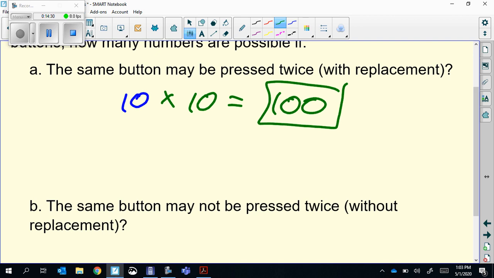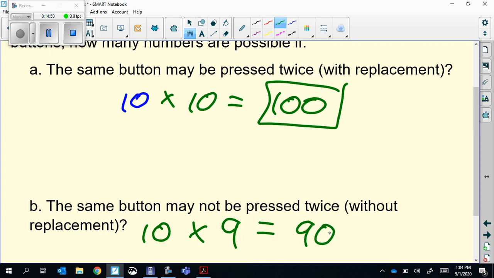All right, well, what about if you cannot press the same button twice? So that would eliminate things like 0, 0 and 11, 22, all those things. You can't press the same button twice. So it would eliminate those multiples of 11. So the first time you press the button, you've got 10 options, but the second time you press it, you can't press the same one. Now there's only 9 options of buttons to press.